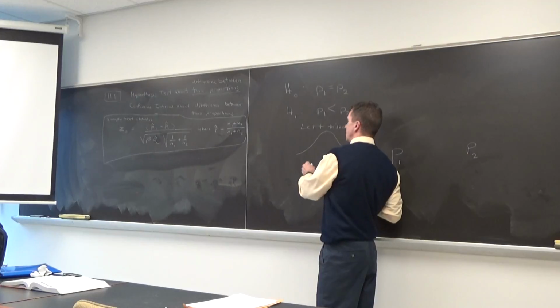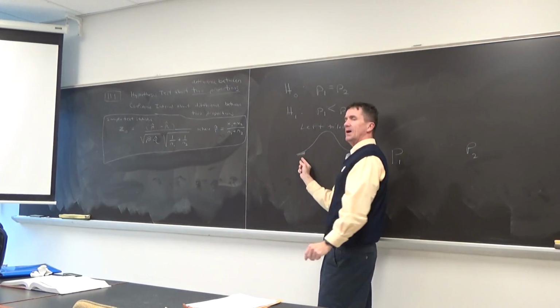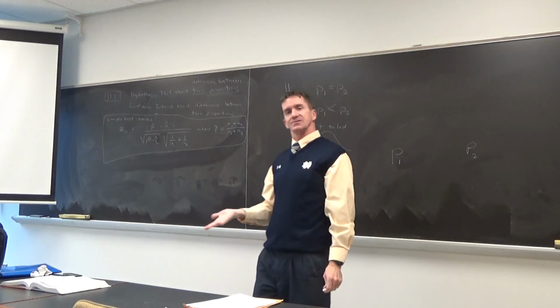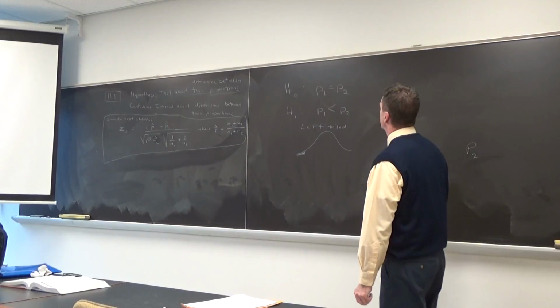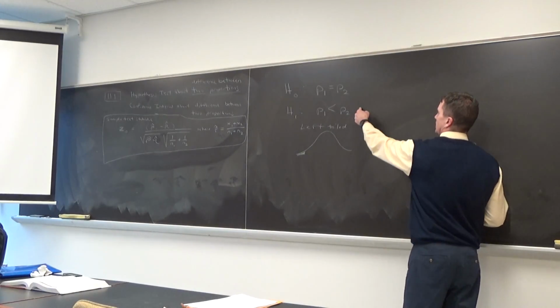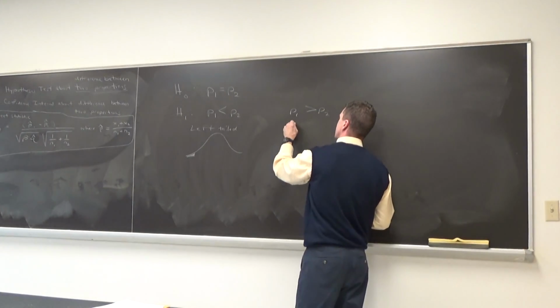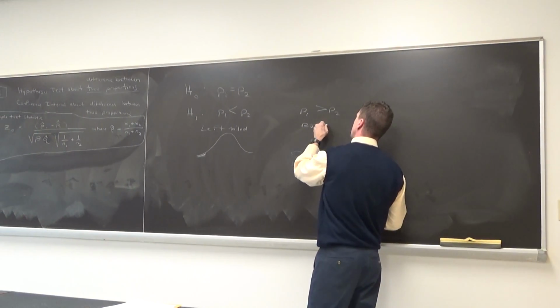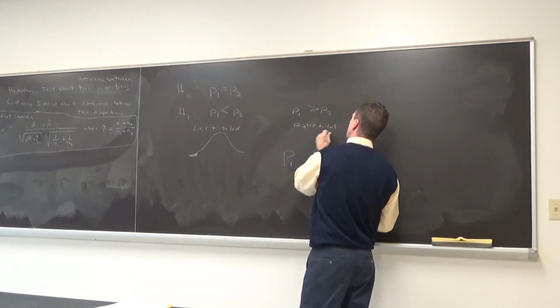And left-tailed, you'd shade where? Over off the left side, right? How much? Well, they have to give you that level of significance. True? 5% level of significance or 1%. What would it be if this was right-tailed? Right down here. We'll see when we read the problem what we have.